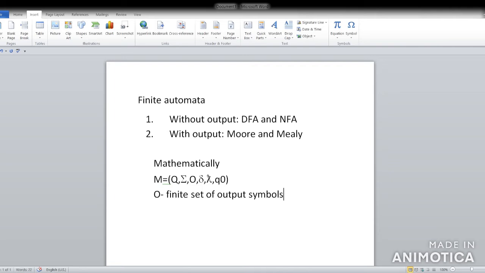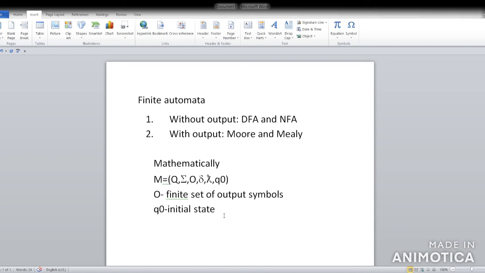Yeah. This is new. Then lambda. Before going to study, first we will write about the initial state Q0. Q0, as we already studied, is the initial state. So few terms already we have studied in the finite automata.